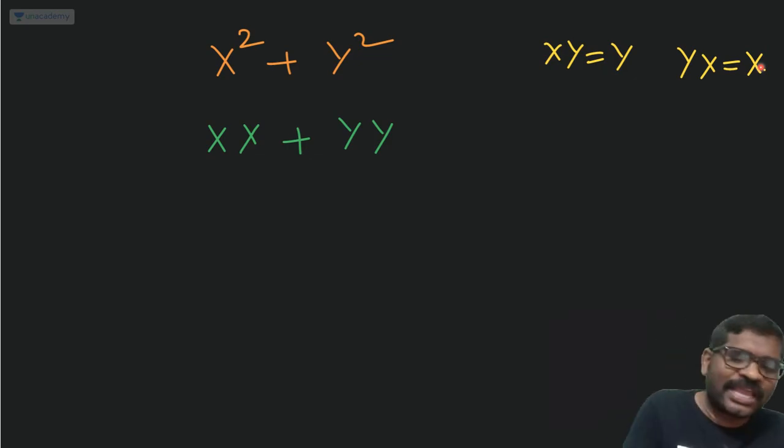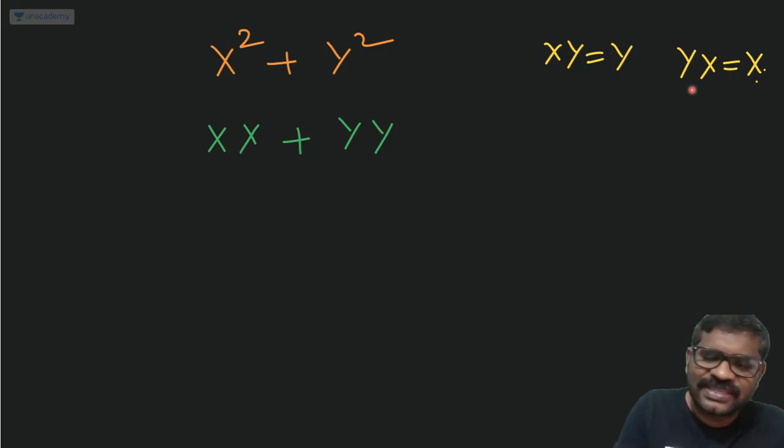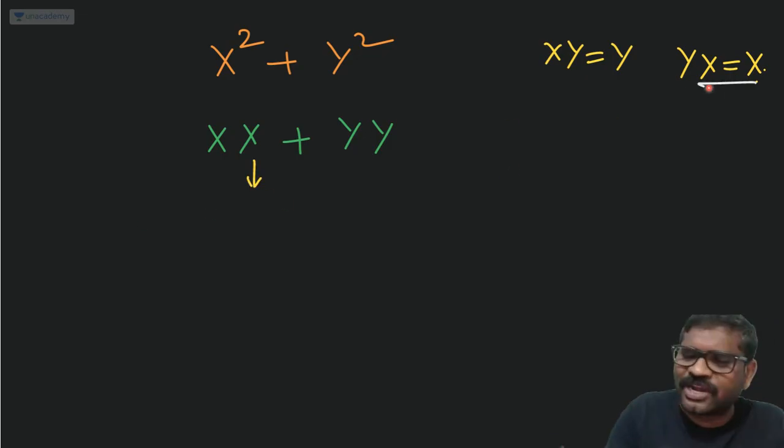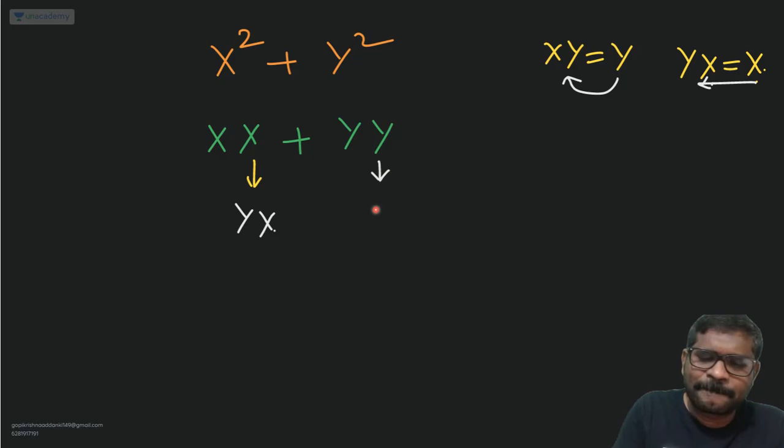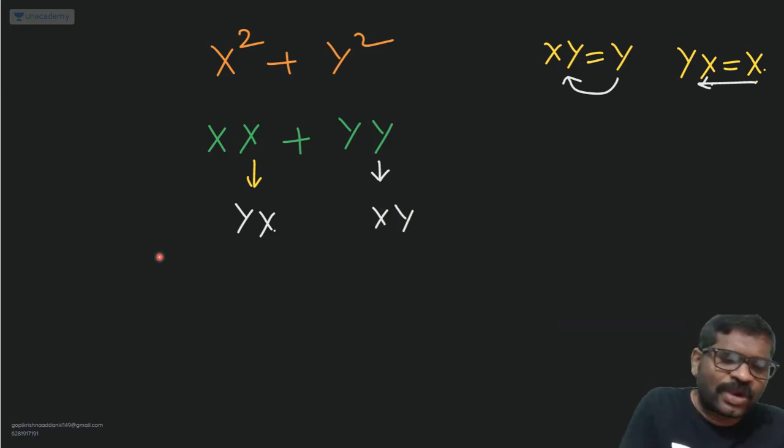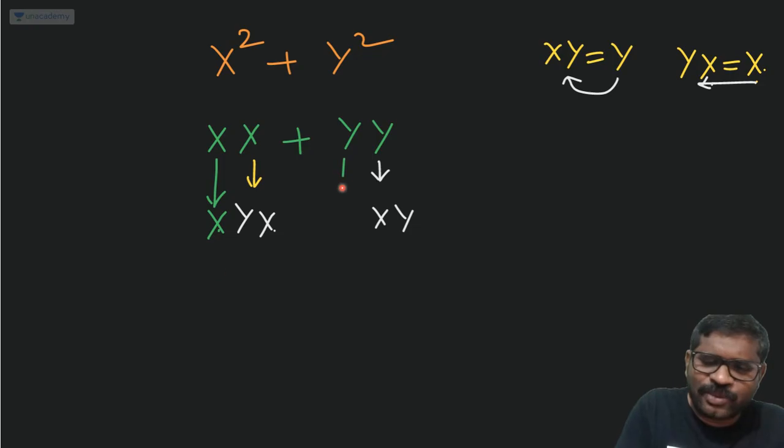In the place of X, you can write YX. In the place of Y, you can write XY. Sir, what about other X? Just carry. What about other Y? Just carry. Plus is plus.